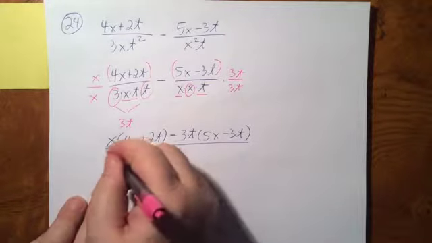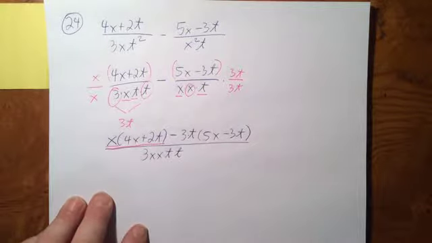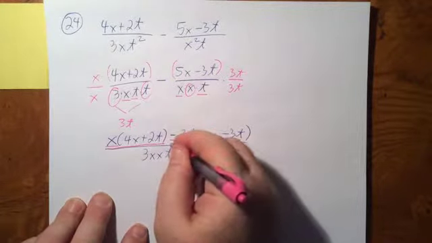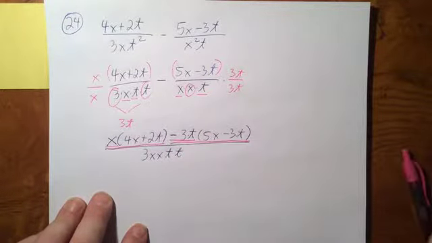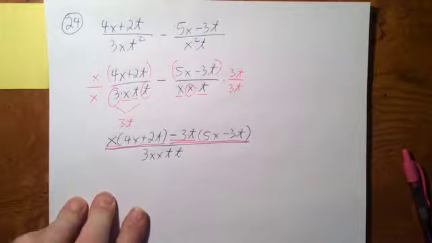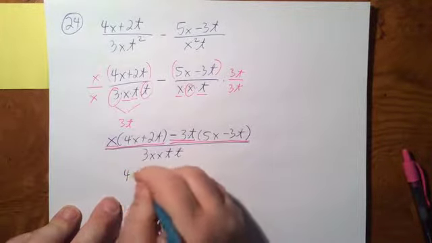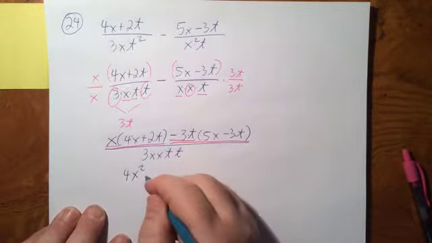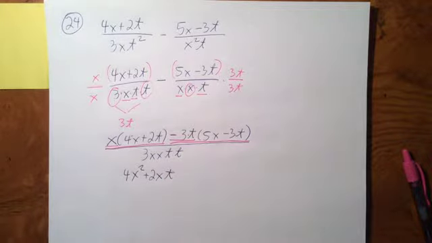First, I'm going to distribute x through the parentheses up to this point. Later, I'm going to distribute negative 3t through the parentheses up to here. Let's see what happens with that now. So I have x times 4x is 4x squared. x times 2t will be 2xt.